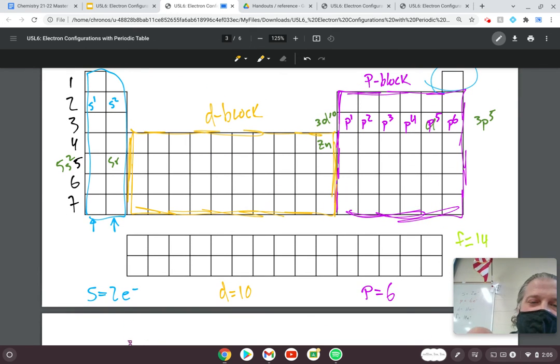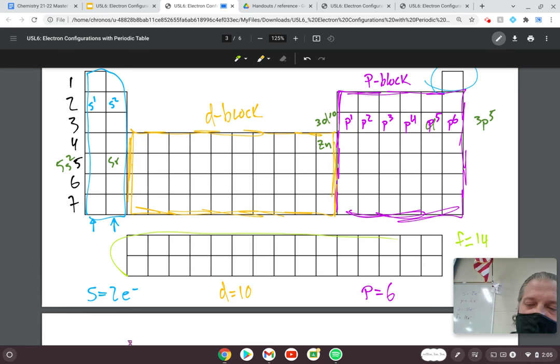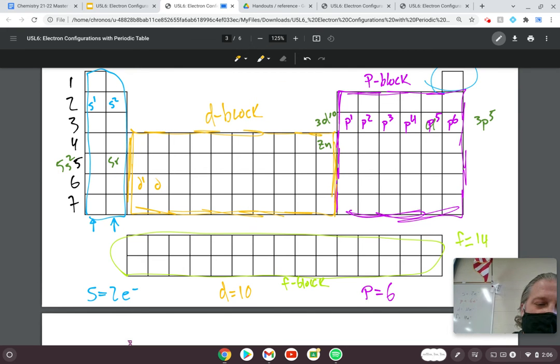And the shape that we're not going to spend a lot of time with is here, and that's known as the F block. Like I said, we're not going to spend a lot of time there. Going back to the D block, this would be something like D1, D2, D3, D4, D5, D6, D7, D8, D9, D10.